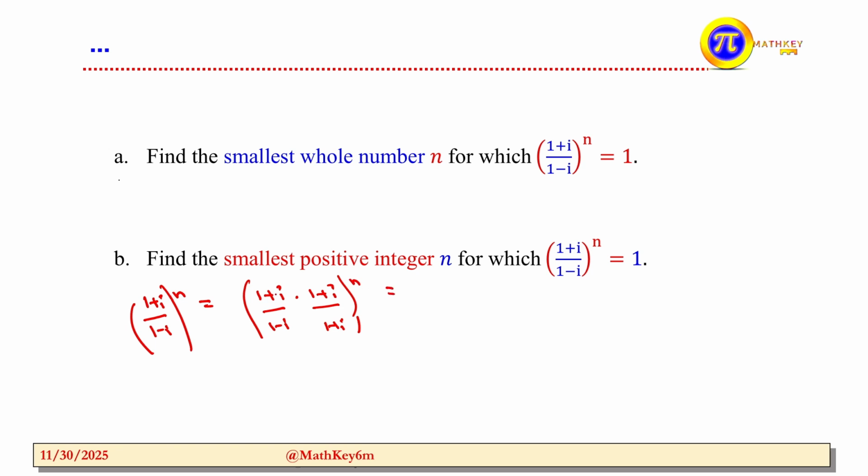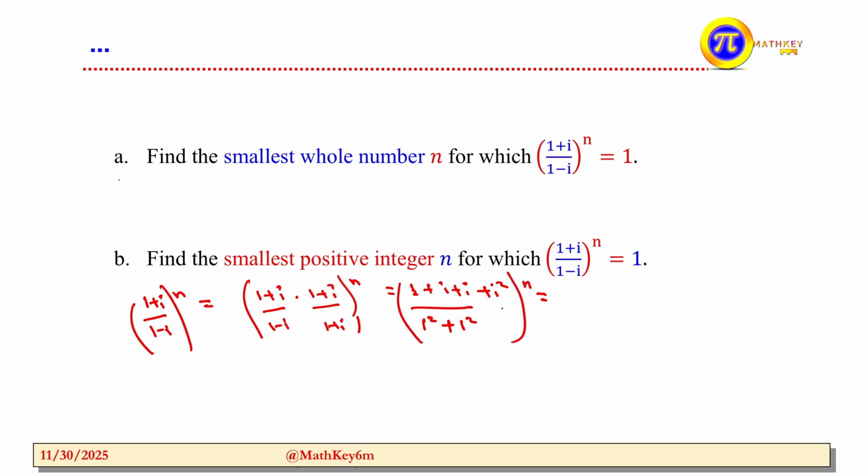Which implies 1 times 1, as we did, is 1, plus 1 times i is i, i times 1 is i, i times i is i squared, divided by the square of the real part, 1 squared, plus the square of the imaginary part, 1 squared, the whole to the power of n.